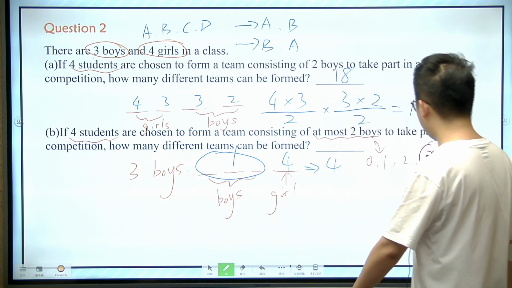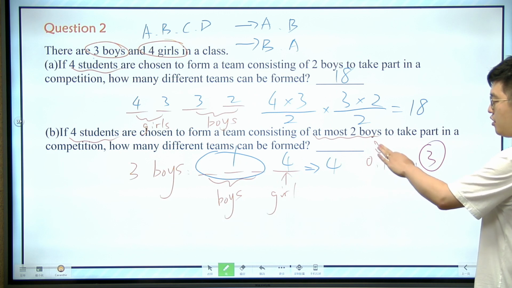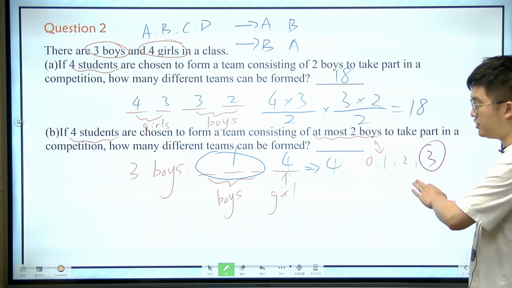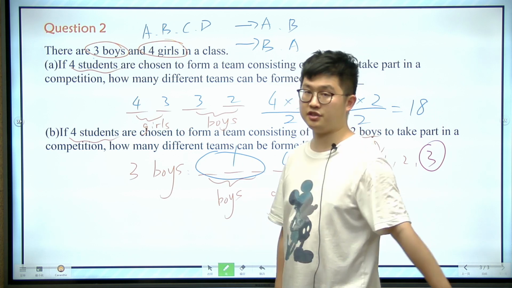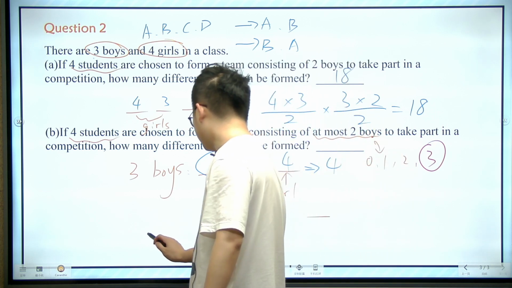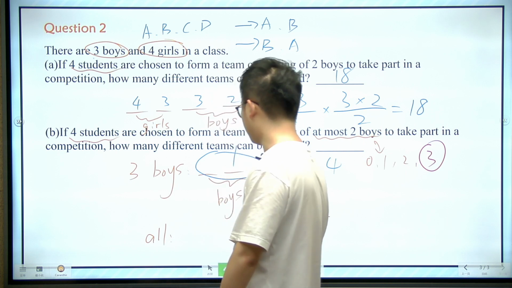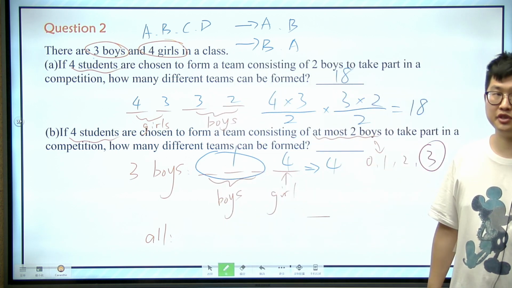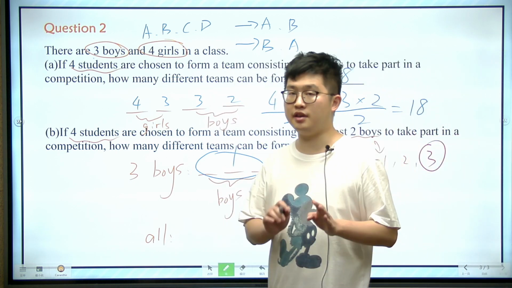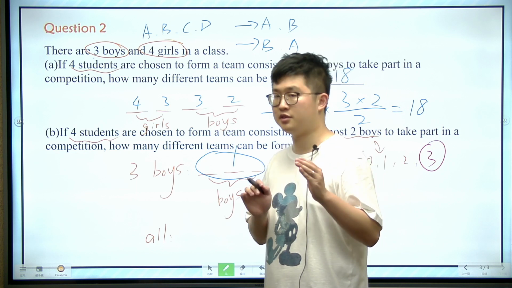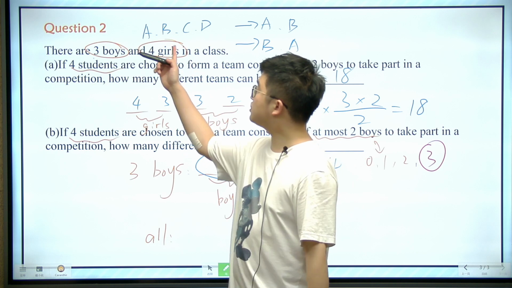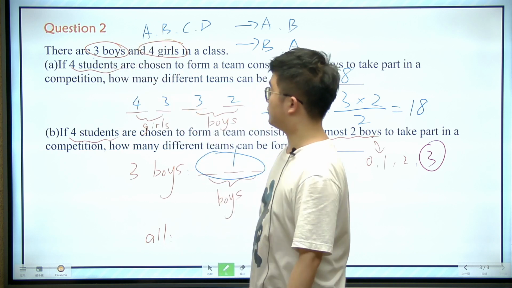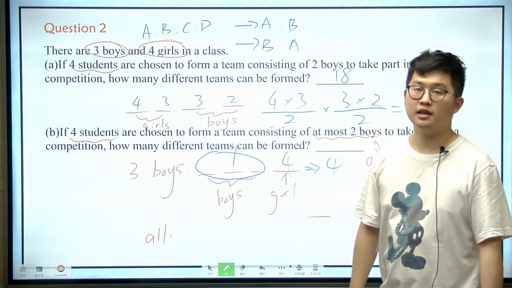To find the 0, 1 and 2 situations, we just use all the situations minus this. Now, this is a little bit difficult because the expression could be very complicated. There are 7 boys and girls in total.